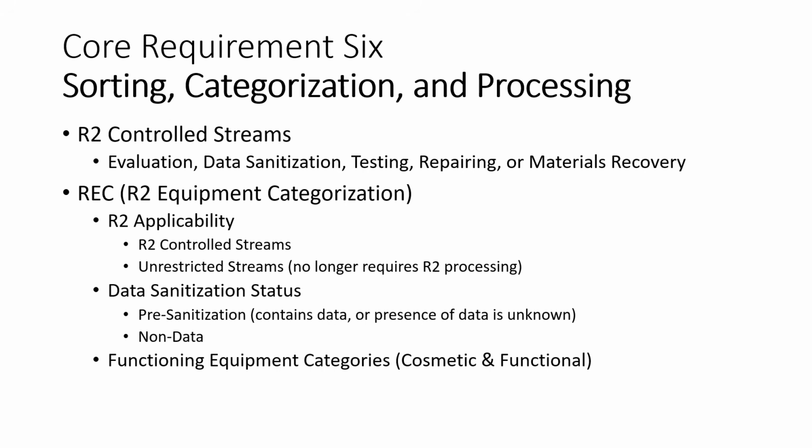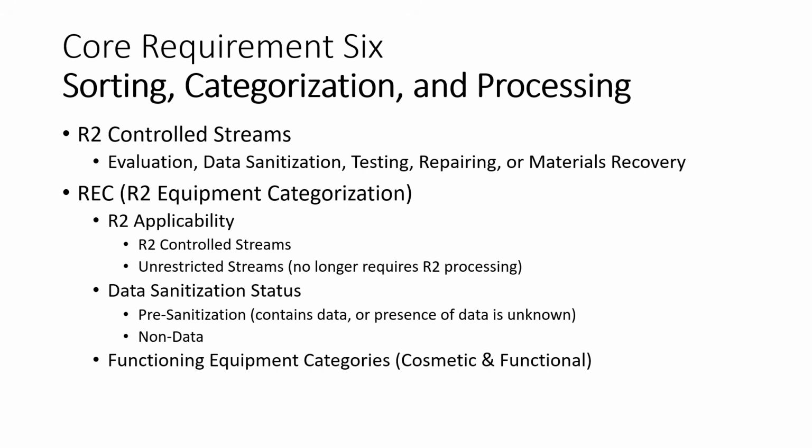The essence of core requirement 6 is to help establish the process needed to be able to accurately identify the various types of material streams we manage so that we can effectively control and direct each stream to the appropriate next phase of processing, whether that phase of processing takes place on site or will be performed by a downstream vendor.